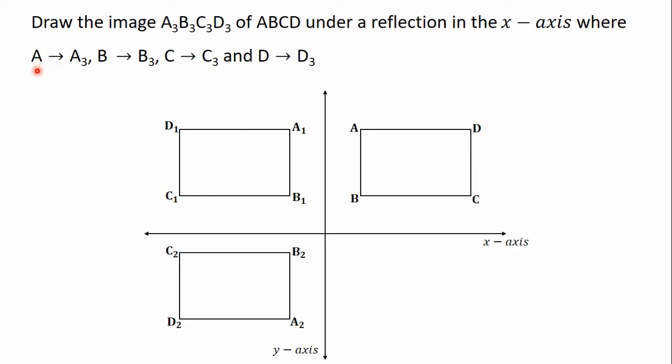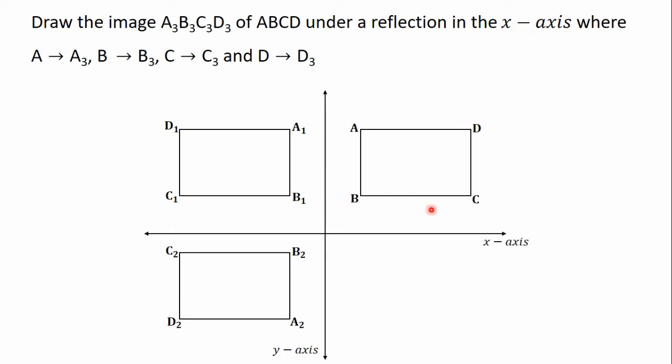So the question is telling us that A will give us A3, B will give us B3, C will give us C3, and D will give us D3. So we are going to reflect this rectangle ABCD to get the image rectangle A3, B3, C3, D3, and we are doing this reflection using the x-axis as the mirror line.